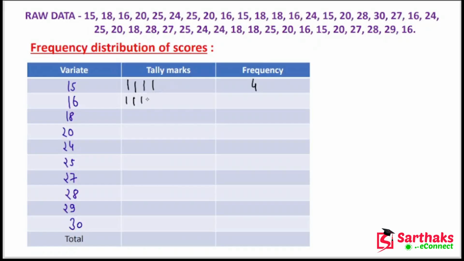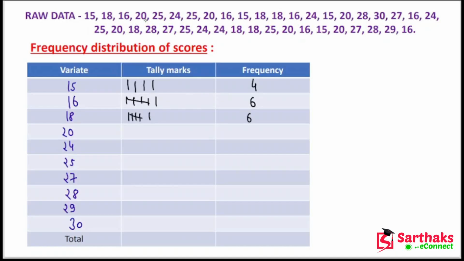Similarly, we have 4, 5, and then 6. So this is 1, 2, 3, 4, 5, and this one is 6, right? Then we have 18. So 1, 2, 3, 4, 5, and 6, right?